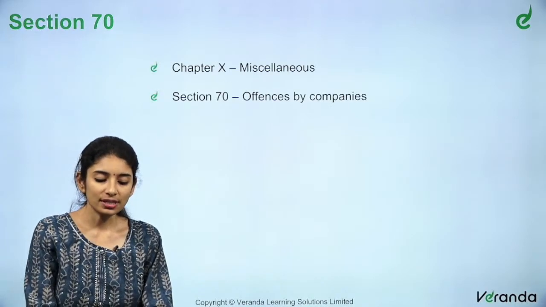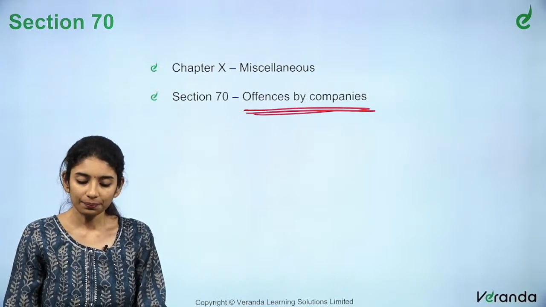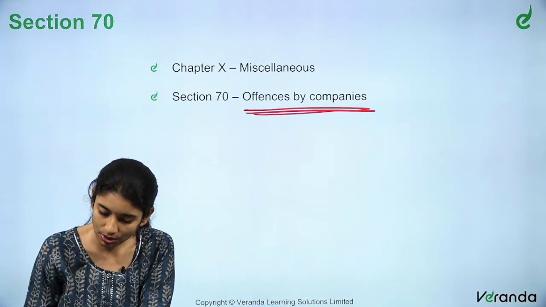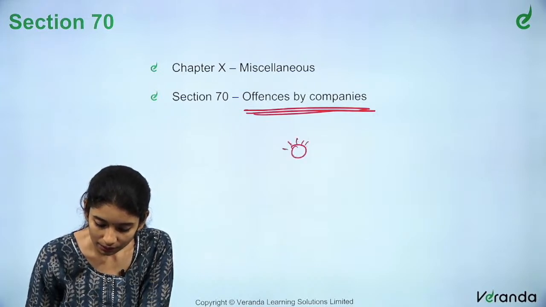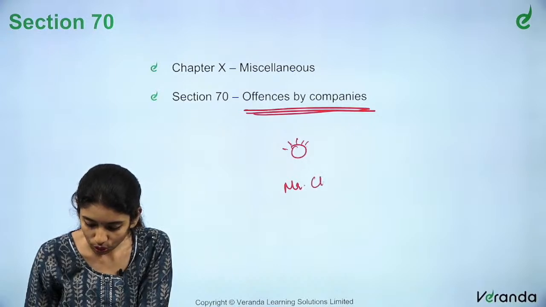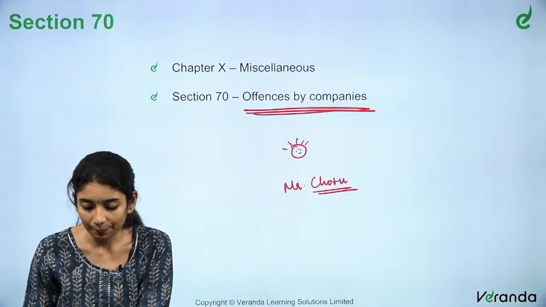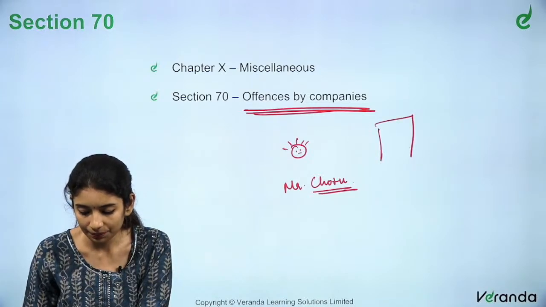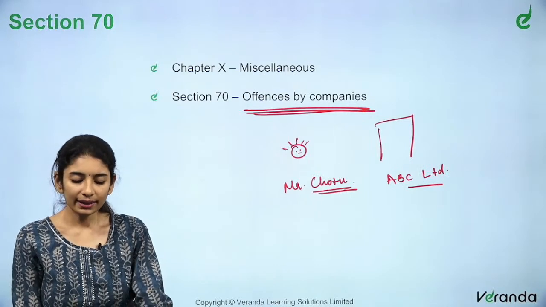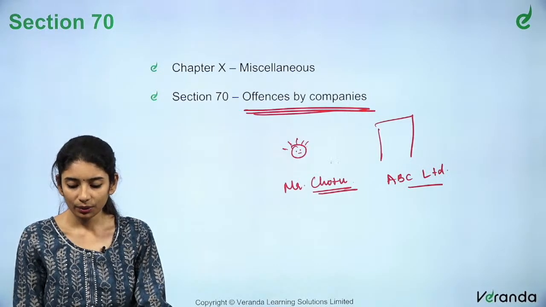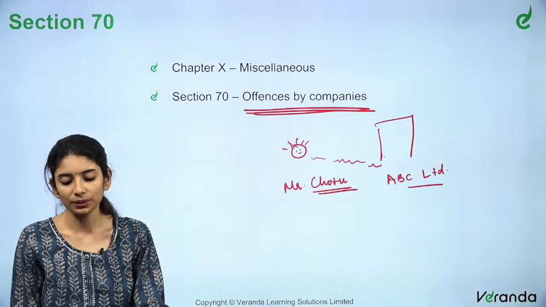Next we have section 70, offences by companies. Say we have an employee here, Mr. Chotu. This employee is hired by a company, ABC Limited, and there is some fraud happening with the transactions being dealt with by Mr. Chotu.